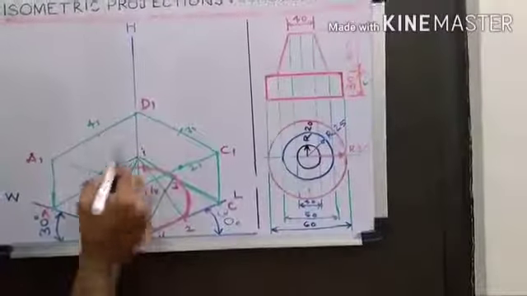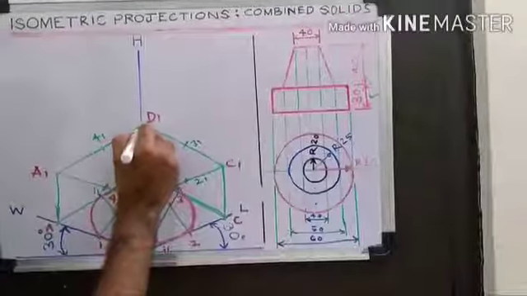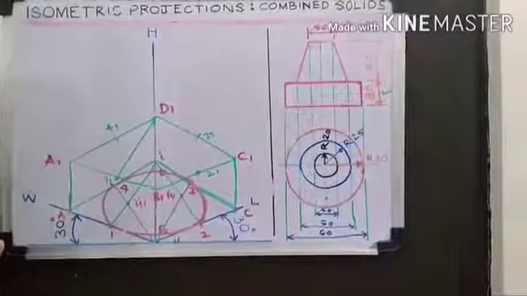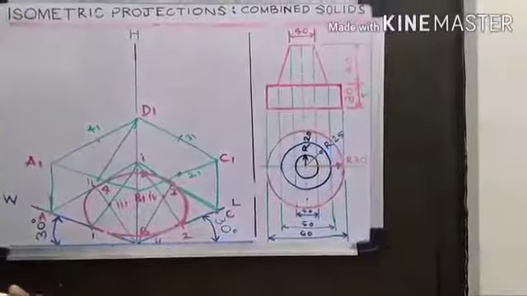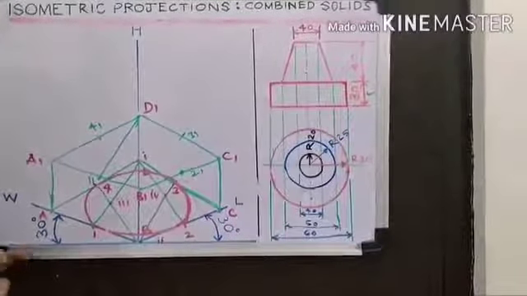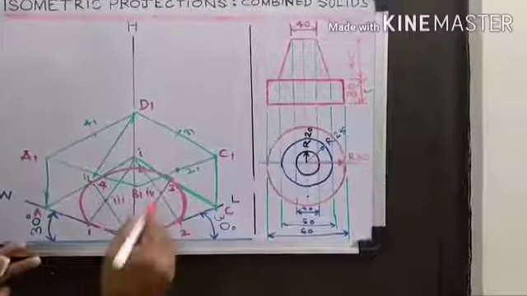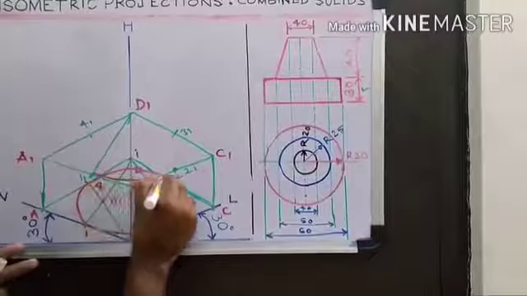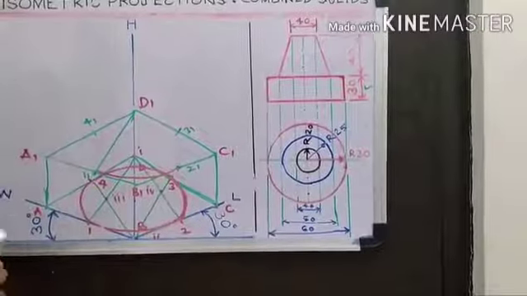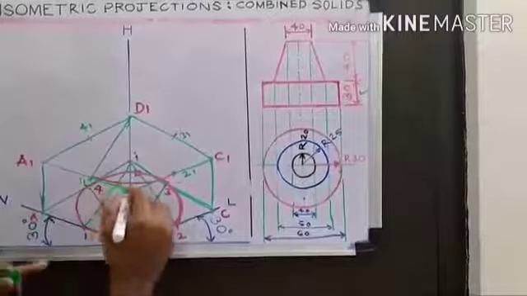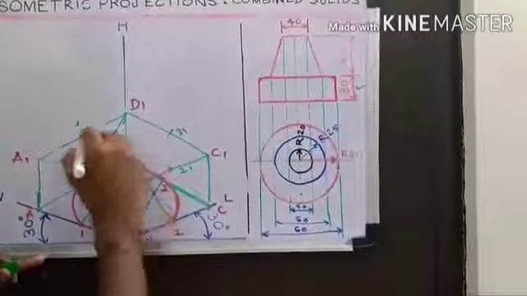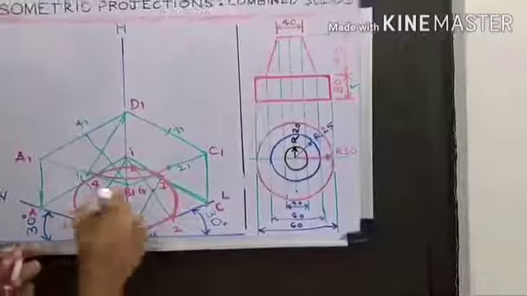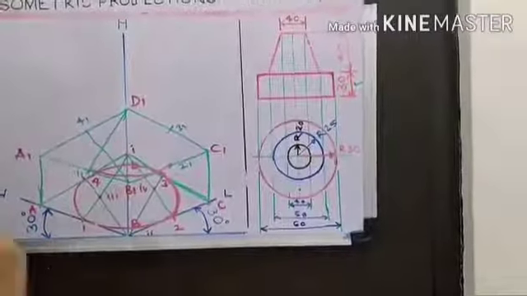Now you can see D1 to 1 suffix 1 as a radius, D1 as a center. Draw an arc by using a compass between the points 1 suffix 1, 2 suffix 1. Similarly, B1 to 4 suffix 1 is the radius, B1 is a center.